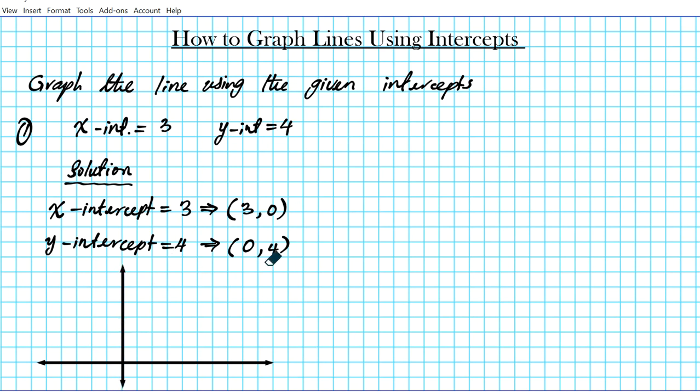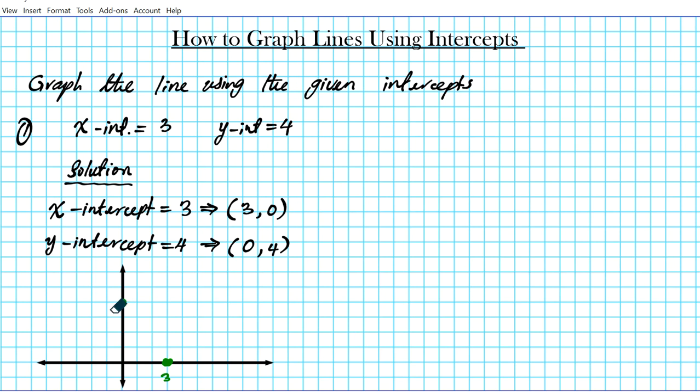The x-intercept is 3, so let's make that green. So you count 1, 2, 3 on your x-axis. So this point right here is x equals 3. Okay, and then on our y-axis, the y-intercept is 4, so you count 1, 2, 3, 4. Our y-intercept is 4.